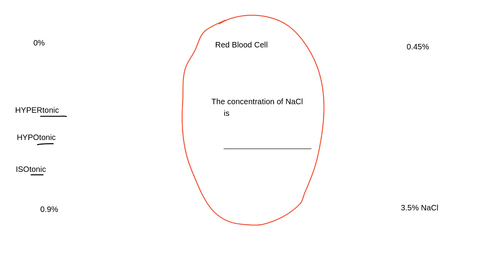So when we are comparing solutions to each other, we always use tonic words to compare them. If I'm talking about a solution that is hypertonic to another one, if I am hypertonic, what does that mean about my concentration?